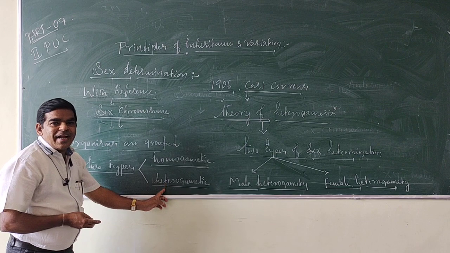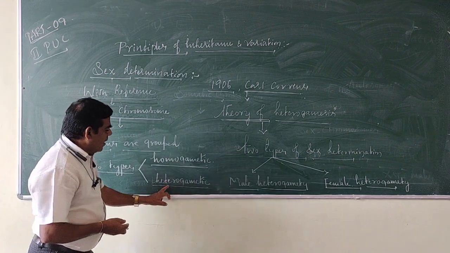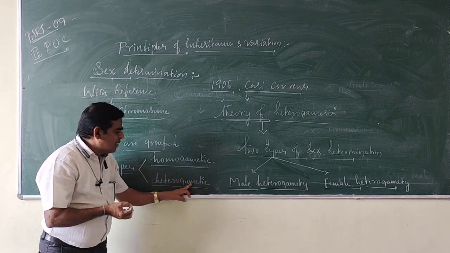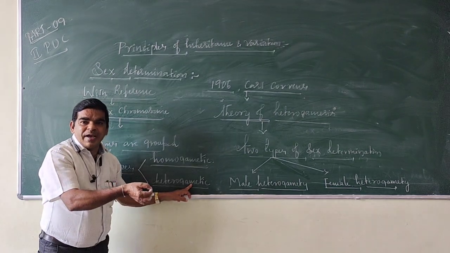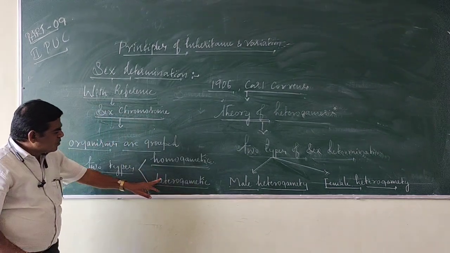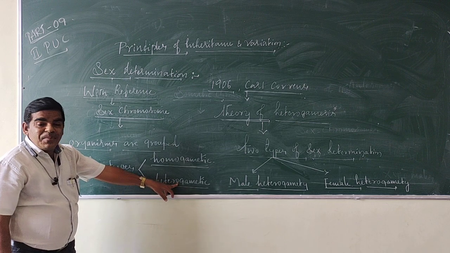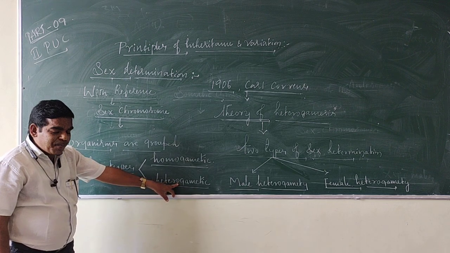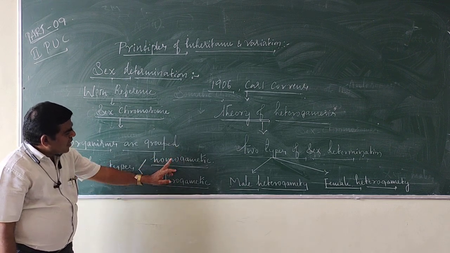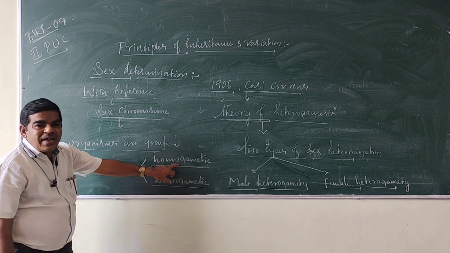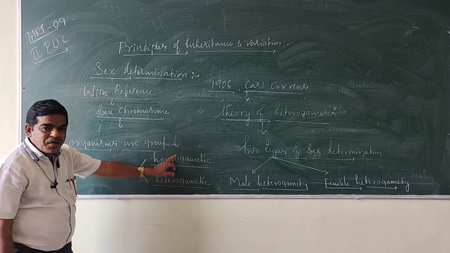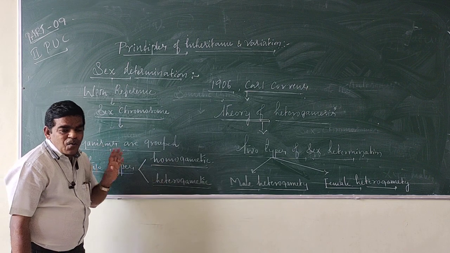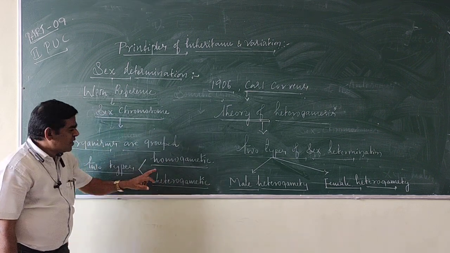Hetero means dissimilar, so organisms that produce dissimilar gametes are called heterogametic. Clear the difference?